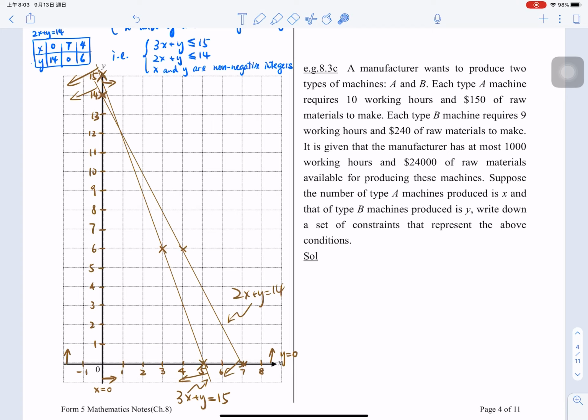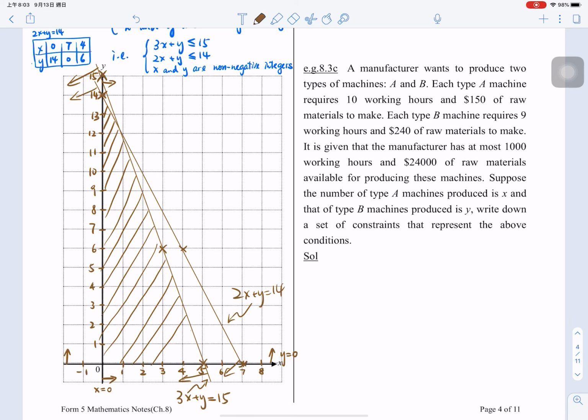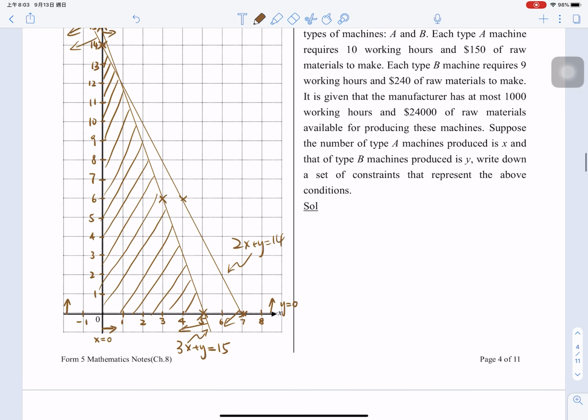Think about 1, the upper part, 2, right hand side, 3 and 4, both lower half plane. That means here we just consider this part. Okay, understand?